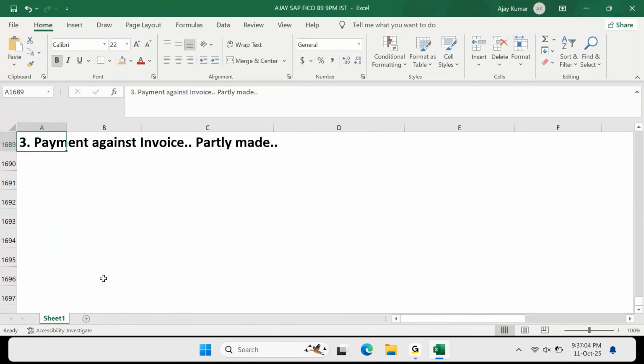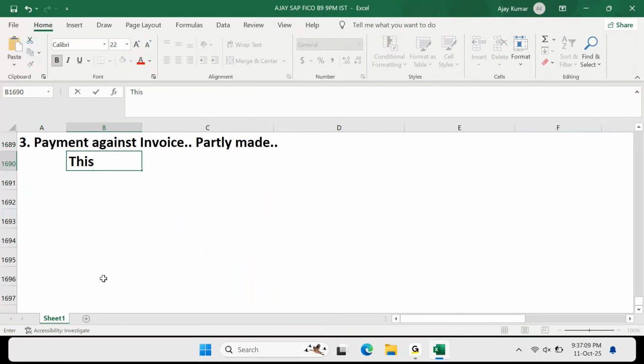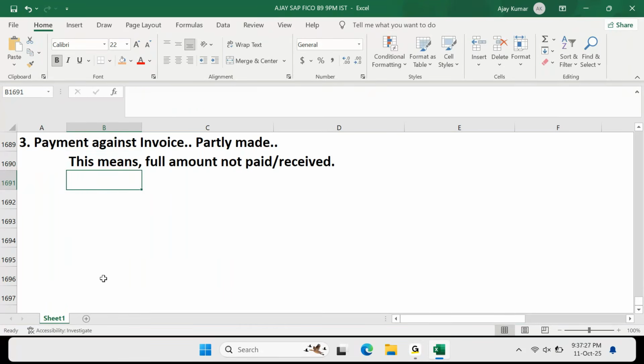This means the full amount is not paid or received, because it is applicable for both customer and vendor.